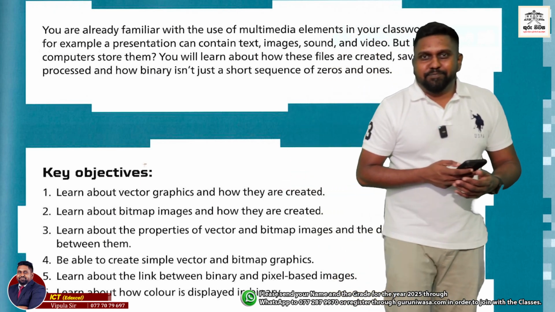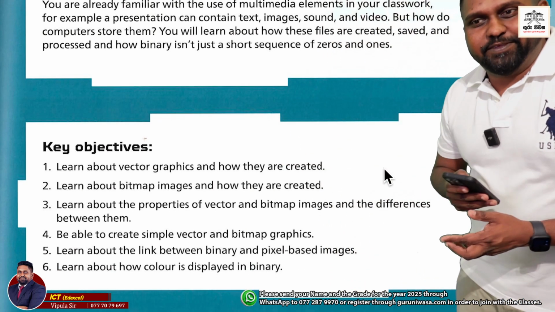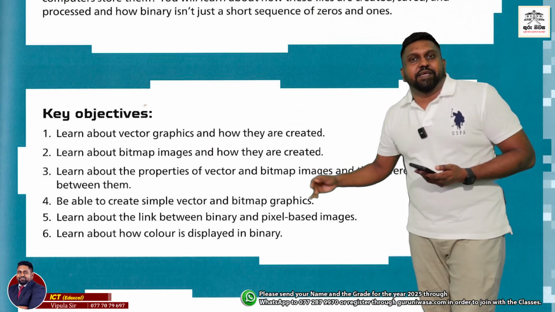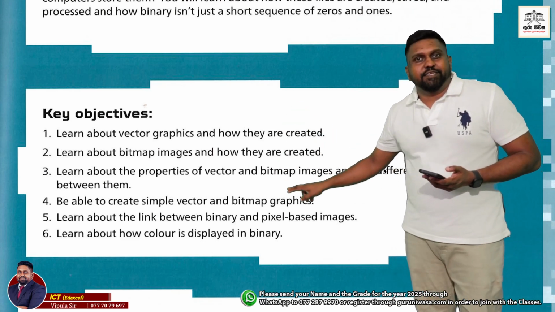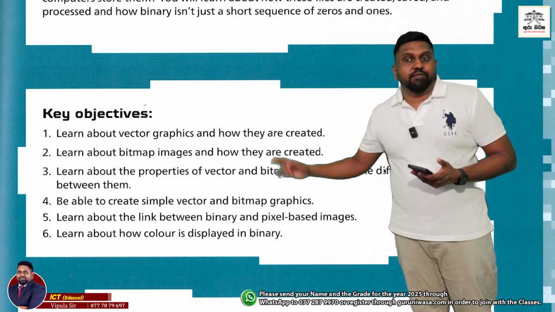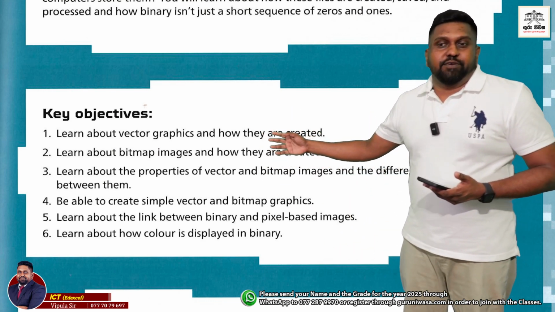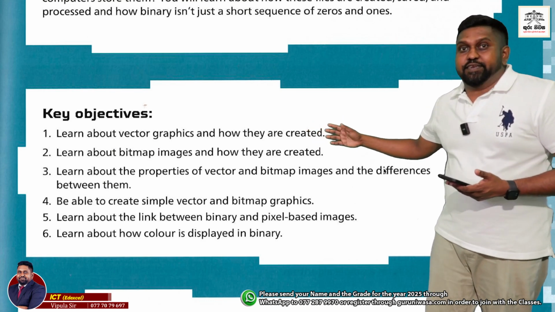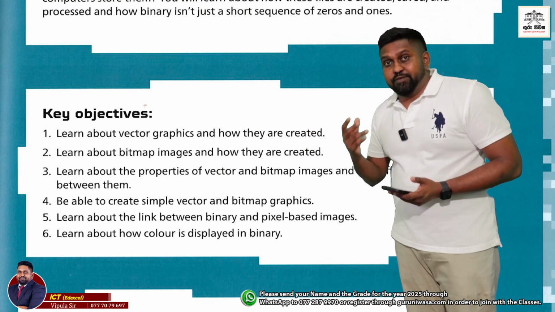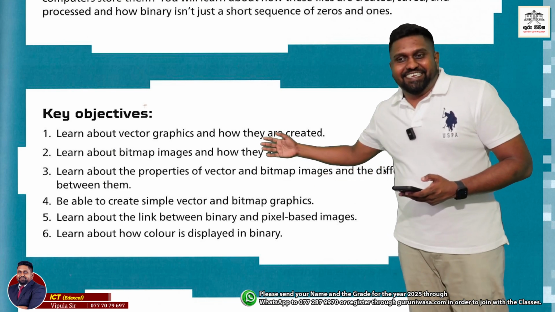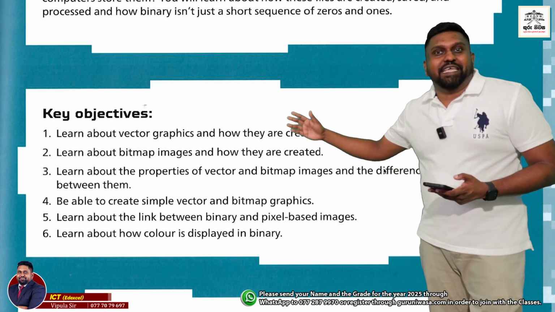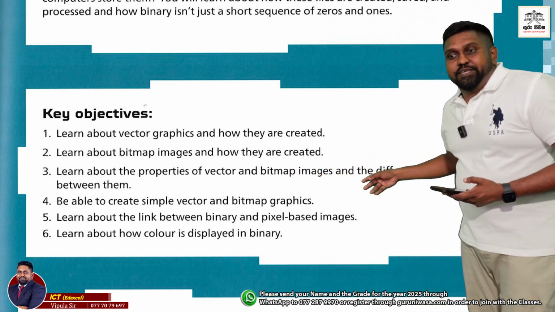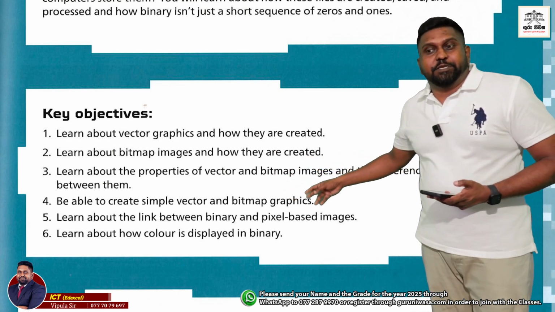Here we learn a few specific points. As you know, at the start of every module we have a certain set of key objectives which we will be focusing on. We will focus on vector graphics and how they are created. We'll be talking about the term vector, and about bitmap images, their properties, and the differences between them.